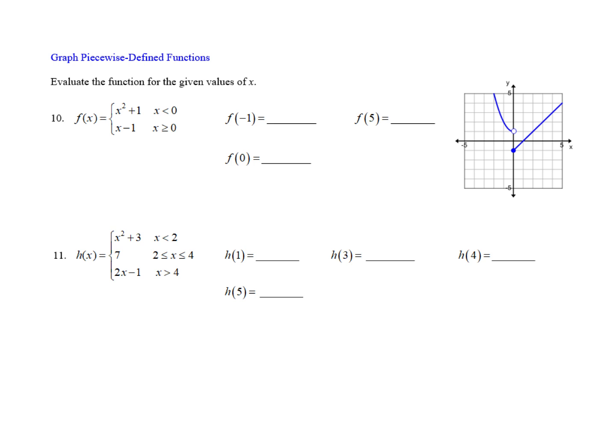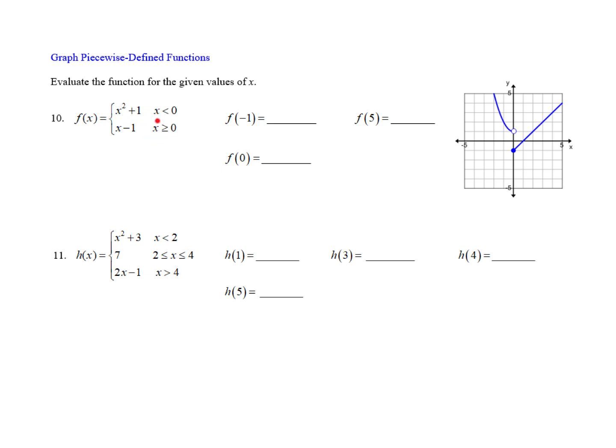When we are evaluating and graphing them, the key to a piecewise defined function is actually the domain values right here on the right. This is telling you when to apply this part of the function. So for values less than 0, we are going to apply x squared plus 1.